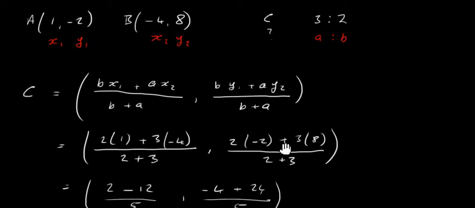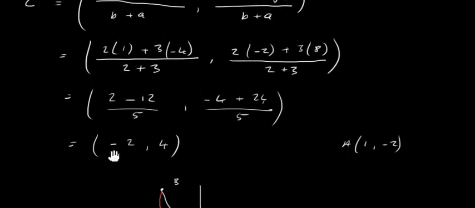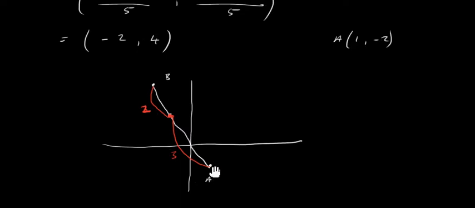You do the same over here, multiply all of this out, and you get minus 2, 4. So in other words, I've just drawn it here. If this is A, this is a rough sketch, and this is B, our point minus 2, 4 will be somewhere here in the middle, and it divides the line segment AB in the ratio 3 to 2. And that's it really.